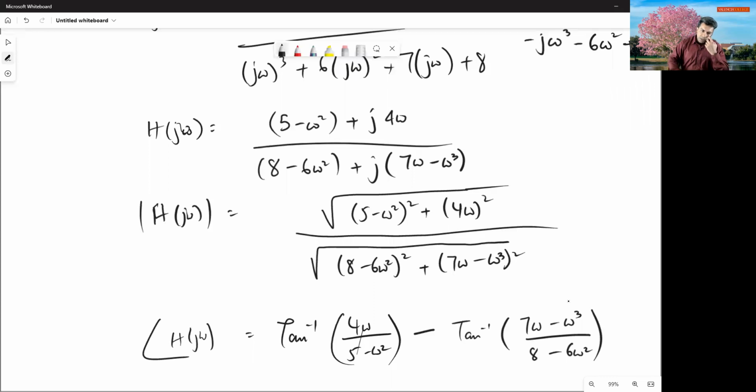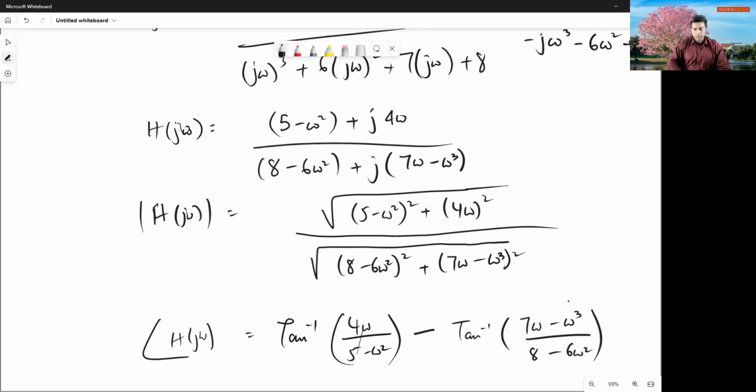So this is how you can calculate the magnitude and phase, and then plug in the value of omega and other variables and determine the actual values at a specific frequency or variable of interest. And you can plot it again, as I said, using any plotting utility.